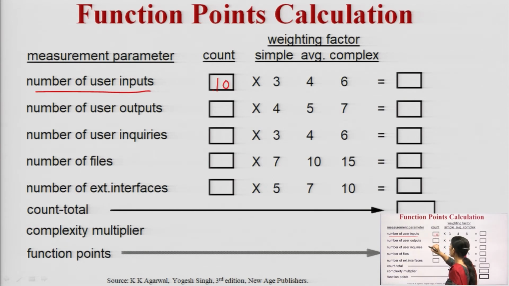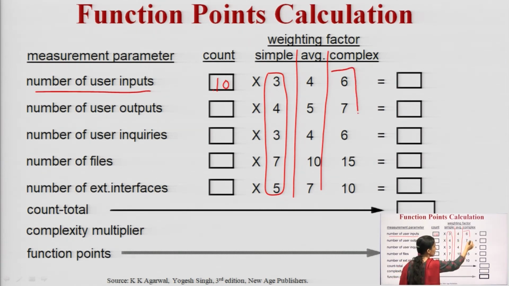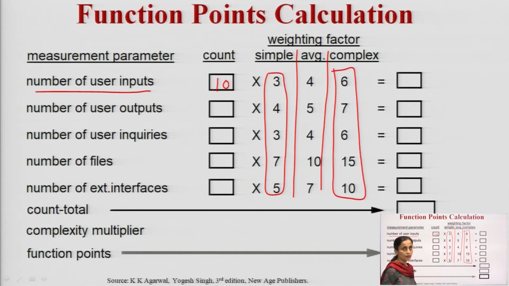Suppose I have 10, and the simple, average and complex weighting factors of a program are given. If a program is very simple, these weighting parameters will be considered. If it is intermediate, the averaging parameters will be considered, and if it is very lengthy and complex, these weighting parameters will be considered. Suppose a program has 10 user inputs and it is very simple.